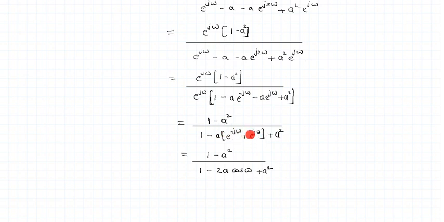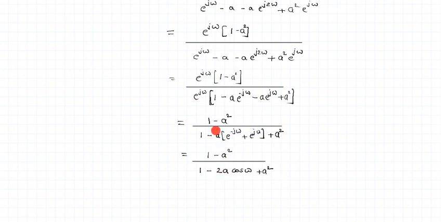Correct? So we know we can fit it into the cos identity because the cos identity is e raised to j theta plus e raised to minus j theta divided by 2. That is the cos identity divided by 2. And there is no 2 here. So what did we do? We don't have that factor e raised to j theta plus e raised to minus j theta divided by 2. So how did we adjust that 2? By multiplying it.